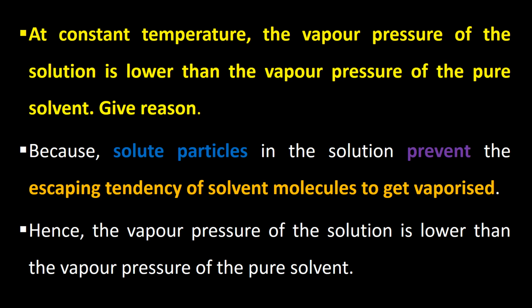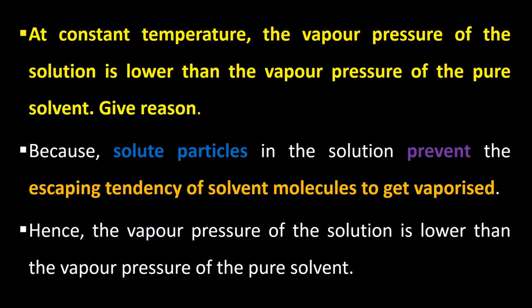At constant temperature, the vapor pressure of the solution is lower than the vapor pressure of the pure solvent. Give reason. This is because solute particles in the solution prevent the escaping tendency of solvent molecules to get vaporized.